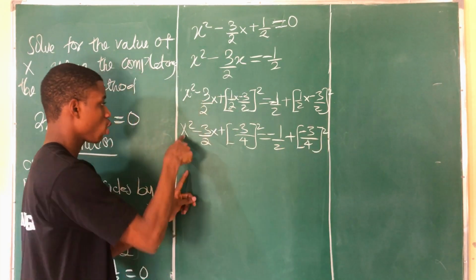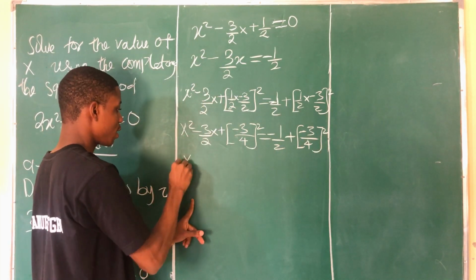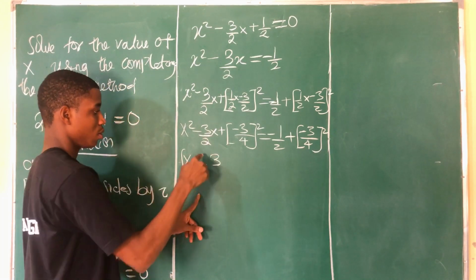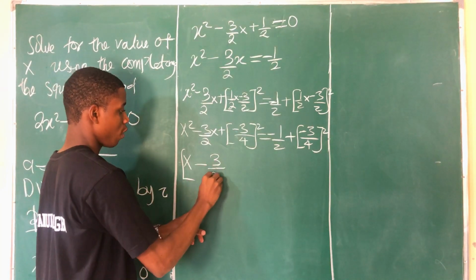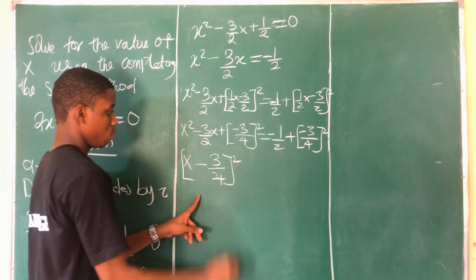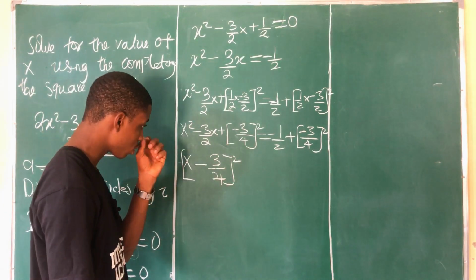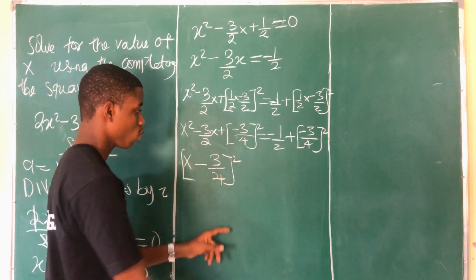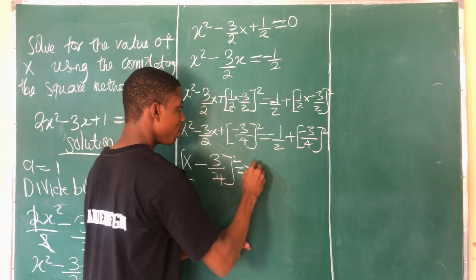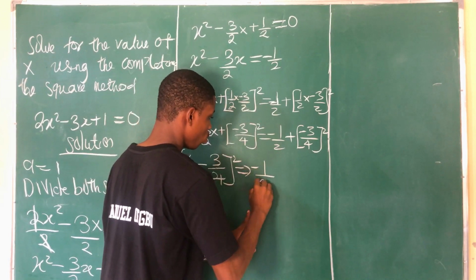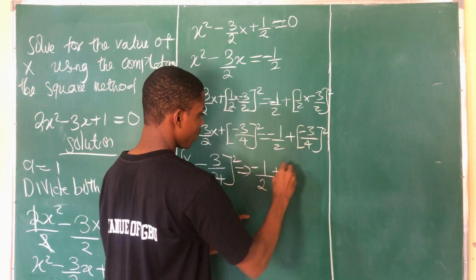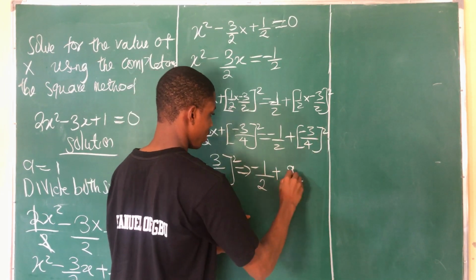The concept was to take one of these, so you have (x − 3/4)². Then we have −1/2 plus, when you square −3 you have 9, and when you square 4 you have 16.